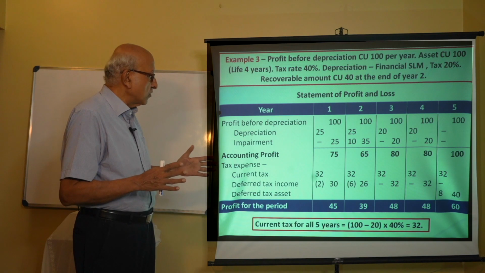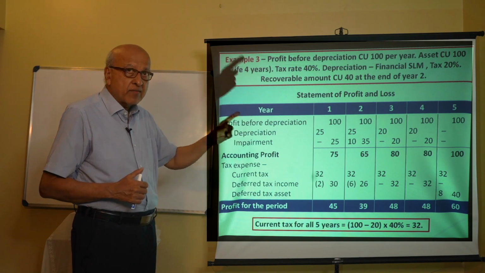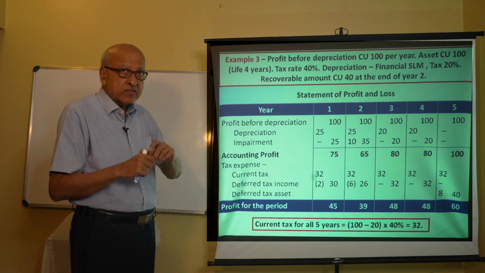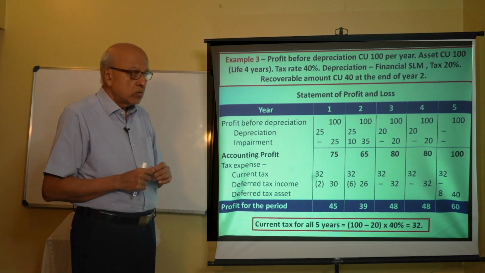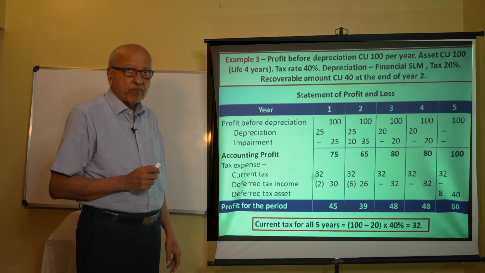How much is allowed? Allowed 20 rupees. How much recognized? 25. Difference is 5. 5 into 40% is 2. See here, 2 rupees deferred tax income. Okay?